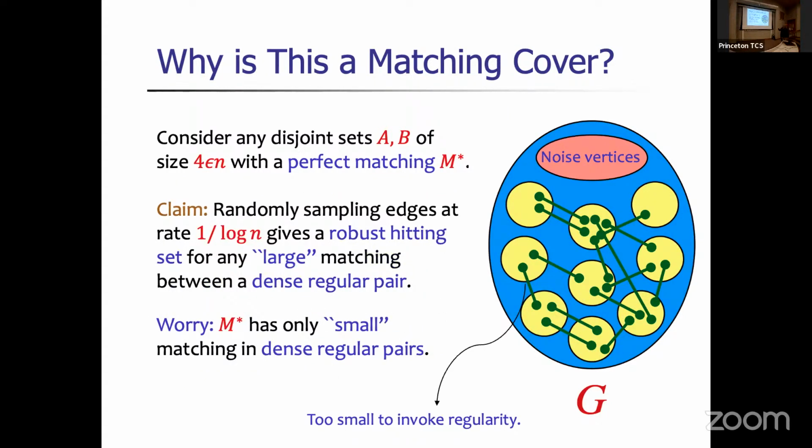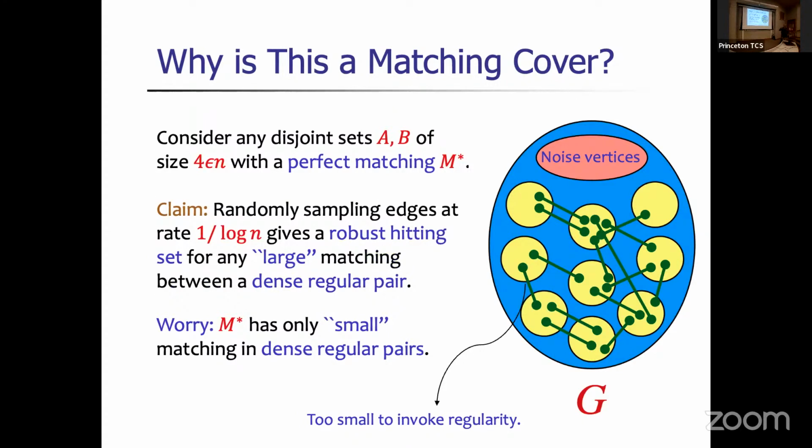There is one small worry that might come up: that M star is only over dense regular pairs, but the way it manifests itself is always by involving a tiny fraction of vertices.